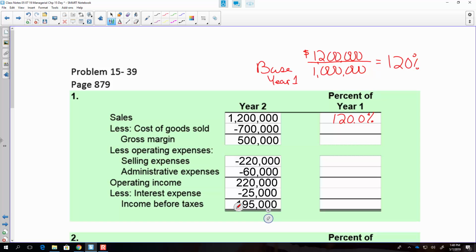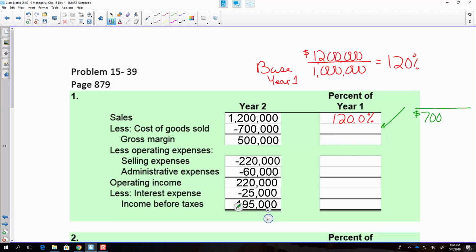If we do our cost of sales as an example, the base year amount is how much for cost of sales? What's our bottom number here? What is year 1's total for cost of sales? 700,000.